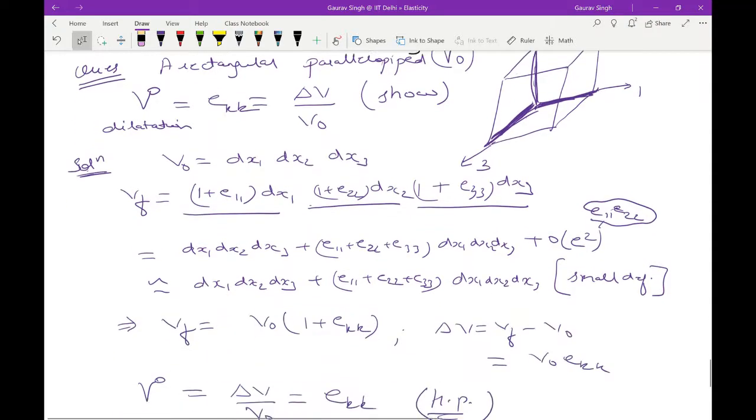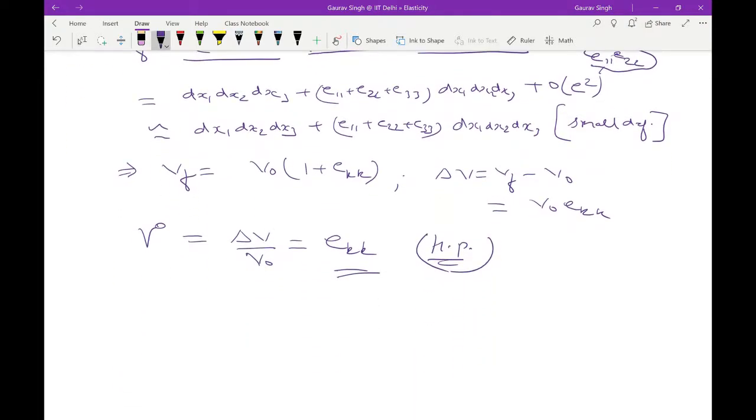The answer is actually yes, because this, if you recall, is an invariant, meaning this value e_kk, which is the summation of the diagonal elements, will not change depending on the transformation which this tensor has gone through, and hence this dilatation should remain the same even if the system is not a principal system. Okay, now let's come back to where we were.